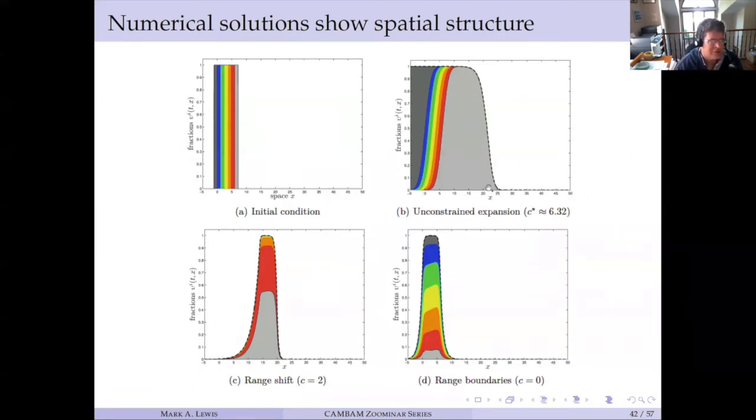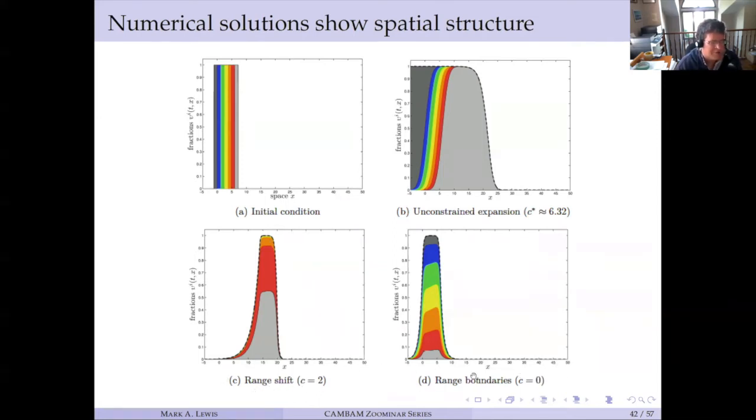And so we lose genetic diversity in the leading edge of the wave. Now we have a case where we have a shifting habitat, shifting at speed c equal to 2. Asymptotically, we see a variety of different colors. We see more gray than red and more red than orange and so forth when it's shifting at speed 2.